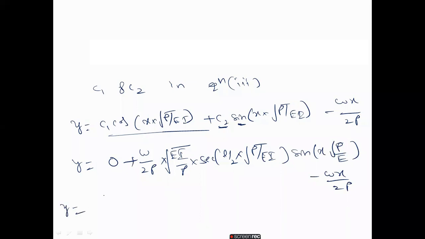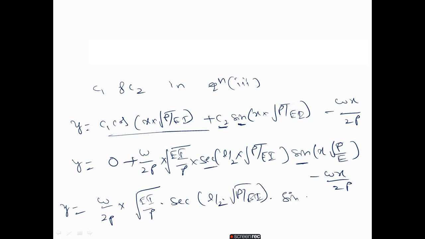Here if you observe, secant is like this, sine is like this. Anyway, later we will discuss this. So I will write it as it is.